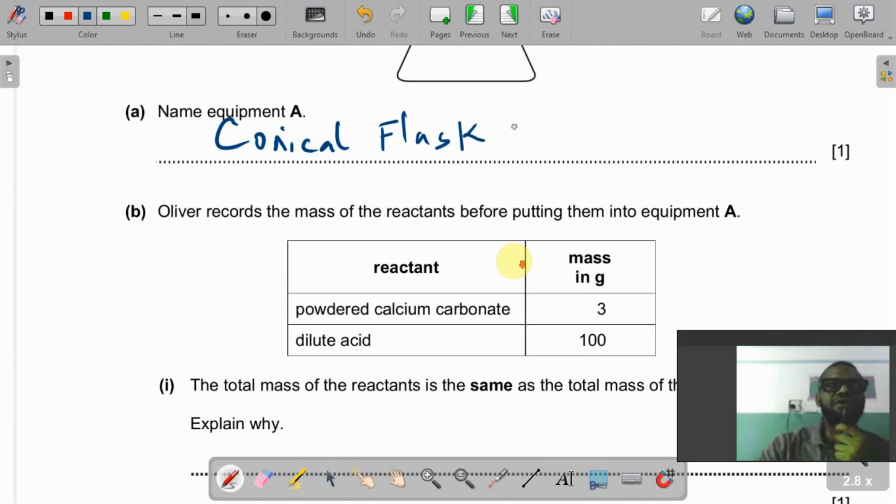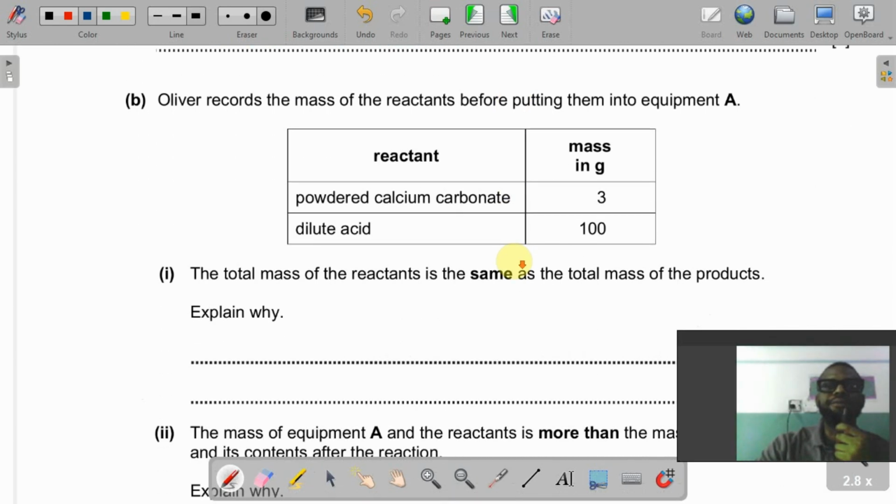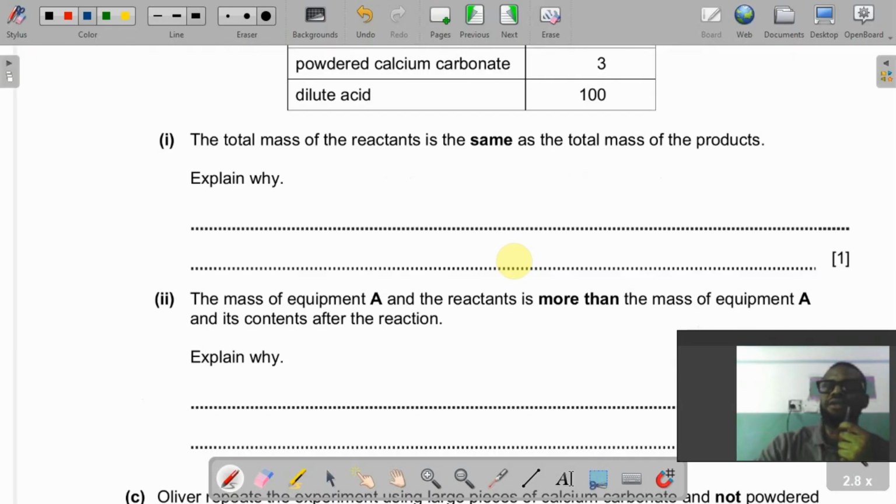Oliver records the mass of the reactants before putting them into equipment A. The total mass of the reactants is the same as the total mass of the products. Explain why.